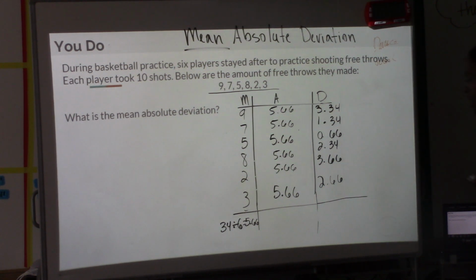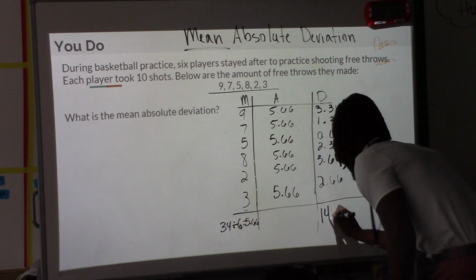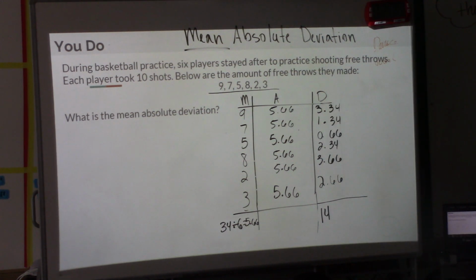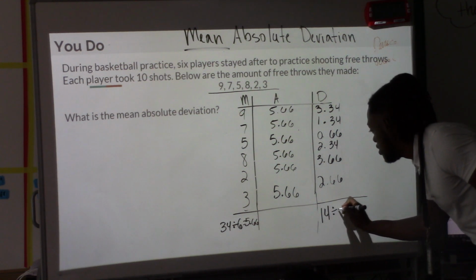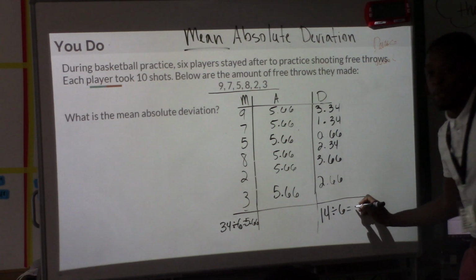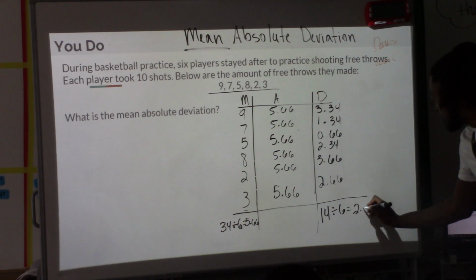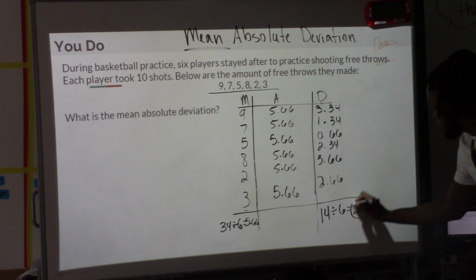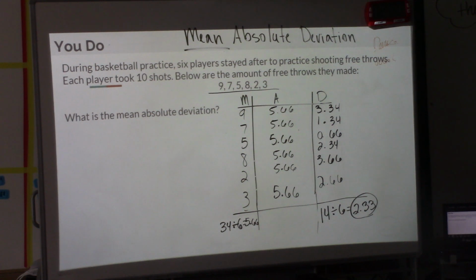Once I add them all up, I get 14. Divided by 6, and what do I get? 2.33. So our mean absolute deviation is 2.33. Good.